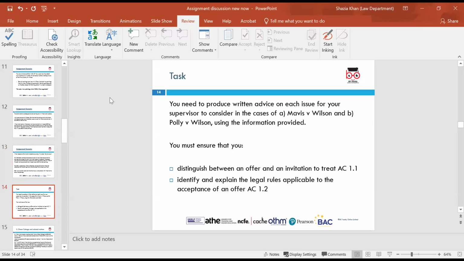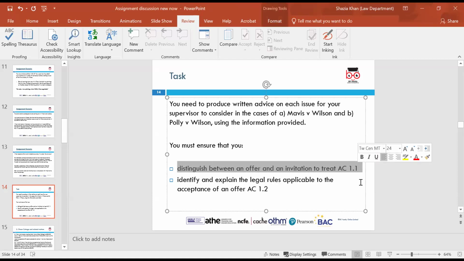So, the first task is you need to produce written advice on each issue for your supervisor to consider in the case of A, Mavis versus Wilson, and B, Polly versus Wilson, using the information provided. You must ensure that you distinguish. So that's your first part of it, okay?